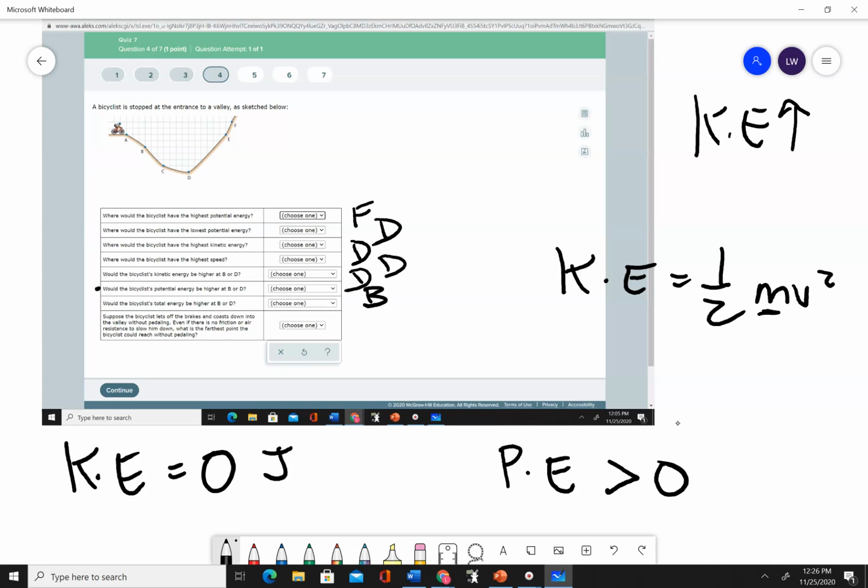As we move, some of the potential energy gets turned into kinetic energy, but the total of the two stays the same because according to the first law of thermodynamics, energy cannot be created or destroyed. So at B and D, they have the same total energy. We call this the total internal energy. The sum of all of the different types of energy will be the same at both B and D.